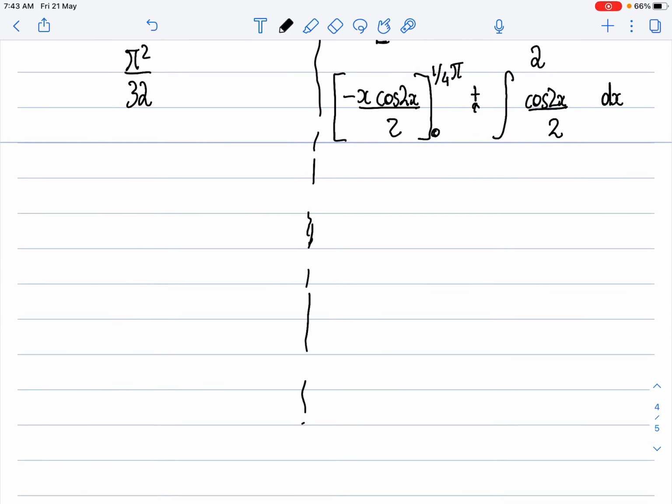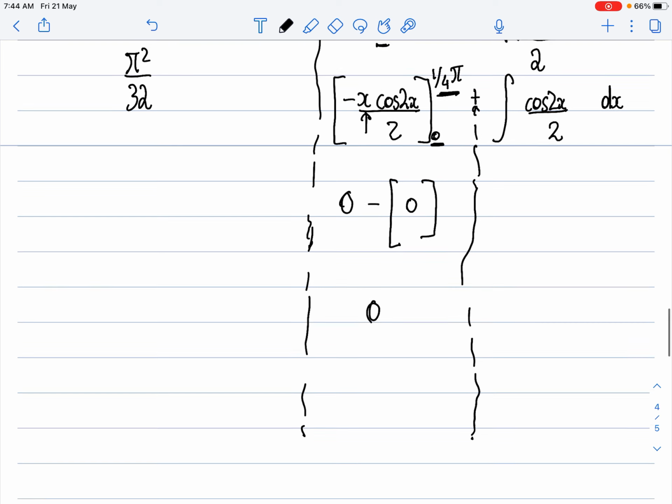Now what I can simply do is I can split this into further parts. Now here in the place of x I can put 1 upon 4 pi. So just simply do cos into 2 into 1 over 4 pi on the calc. So the value I get doing that is 0. So I know this full thing is 0 minus, now when I put 0 in the place of x here, I know I'll get 0. So this full thing I get as 0.